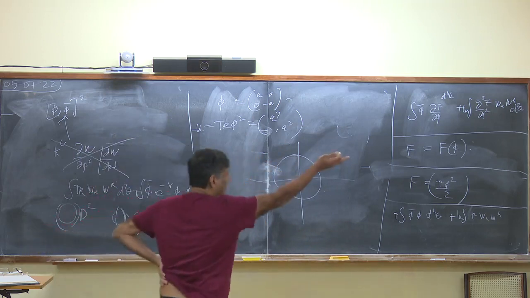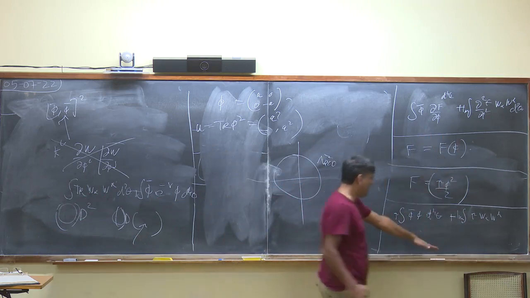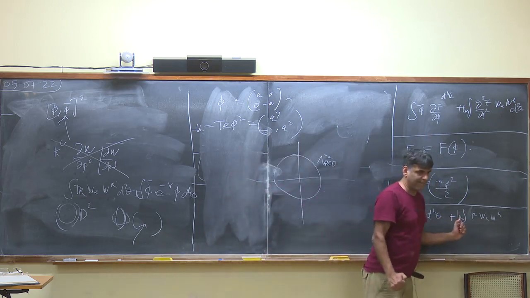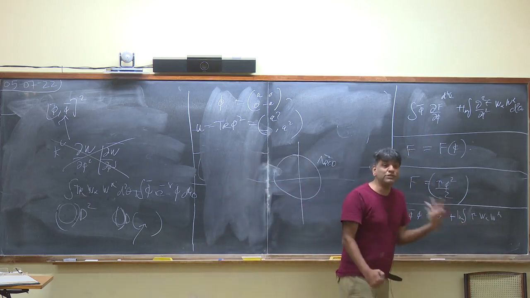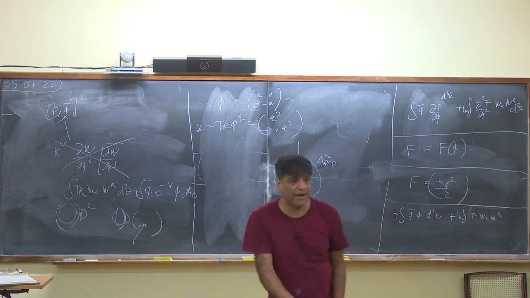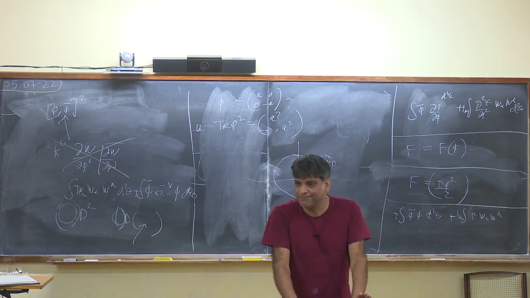Plus complex conjugate, or minus complex conjugate, whatever. So that would give you the usual free theory. But now we're allowing for much more general possibilities. The more general possibility is for F being any holomorphic function of phi.